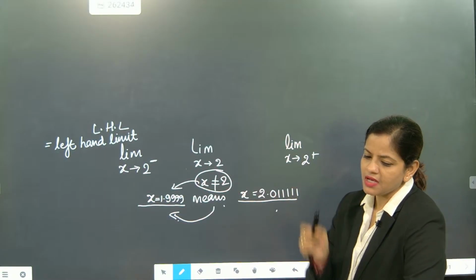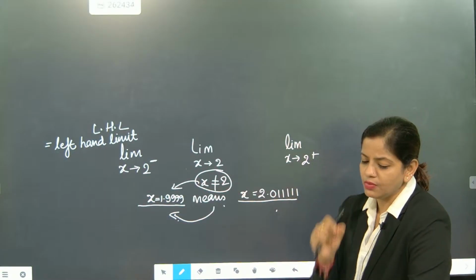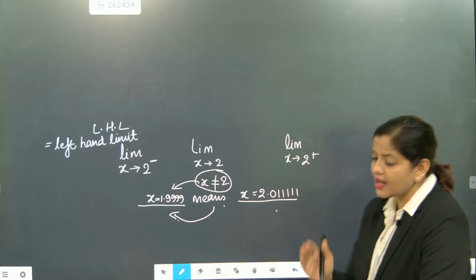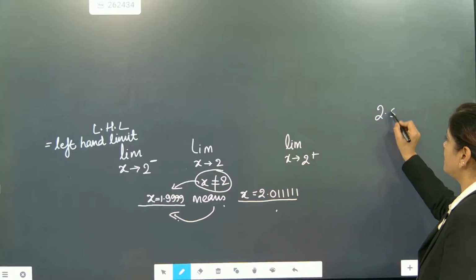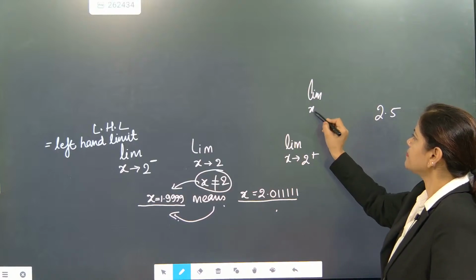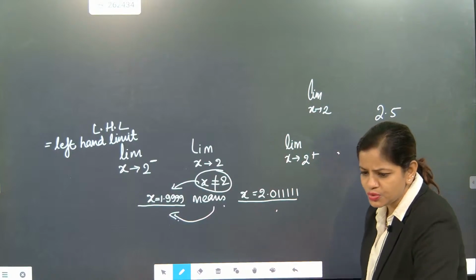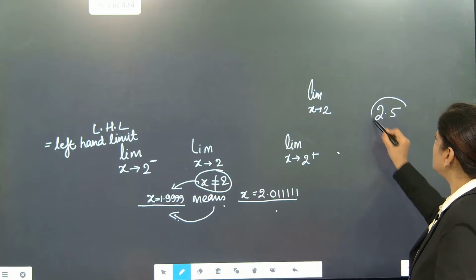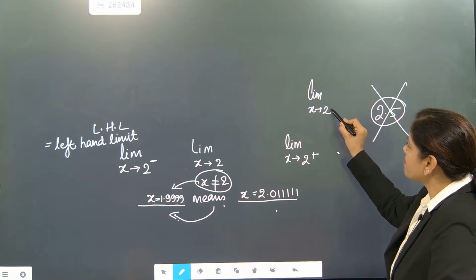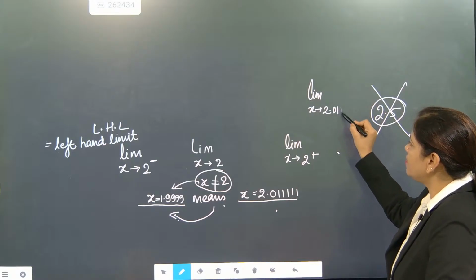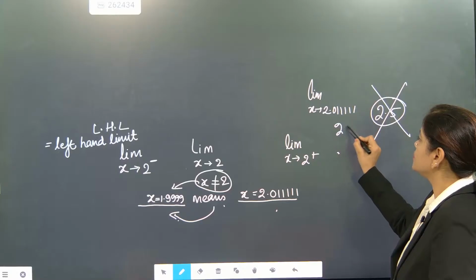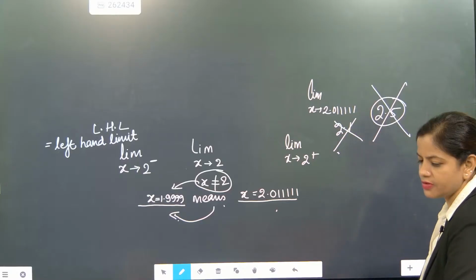Plus means a little bit greater than 2. But you can't write 2.5. If the limit is 2, then you can't write 2.5. This is totally wrong. You can't in fact write 2.1 also. That is also not possible.